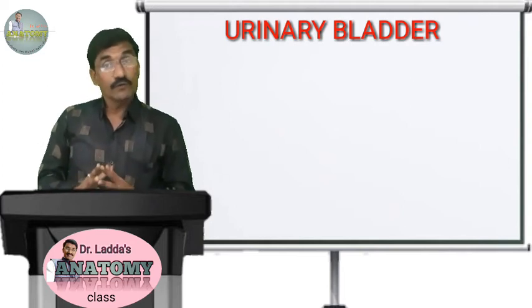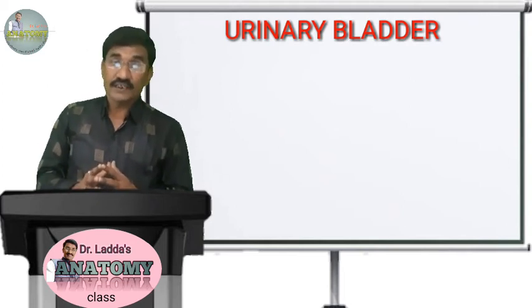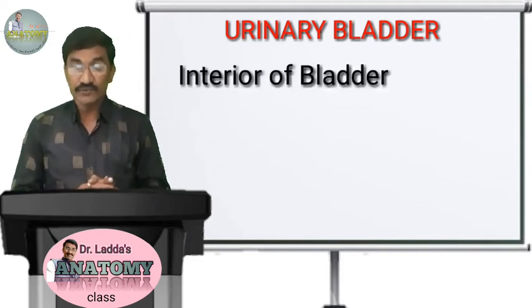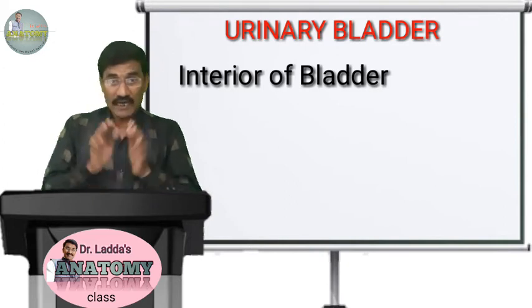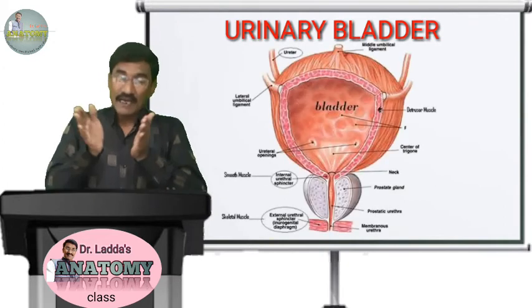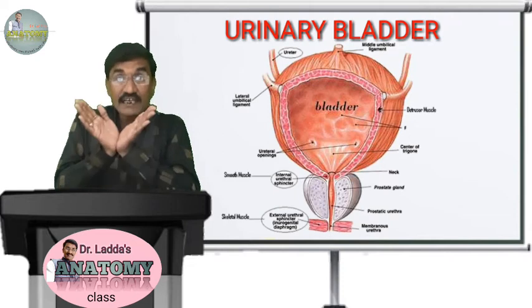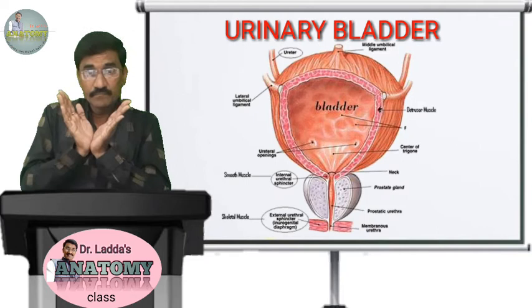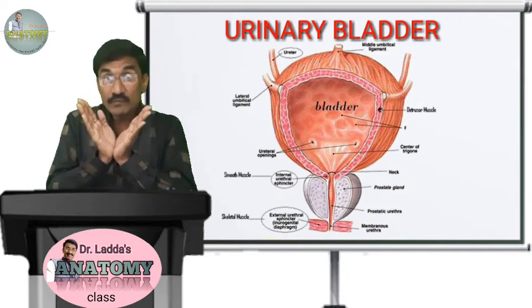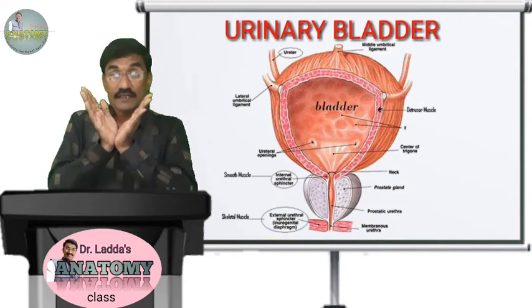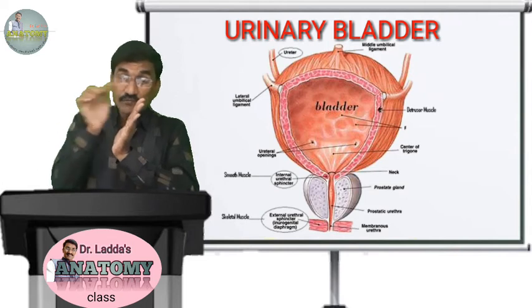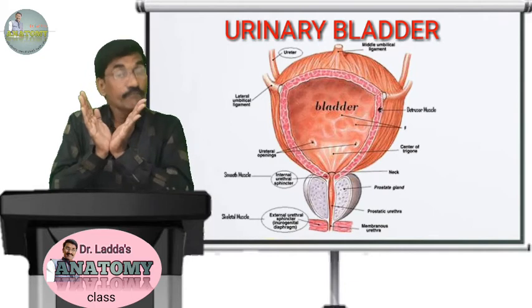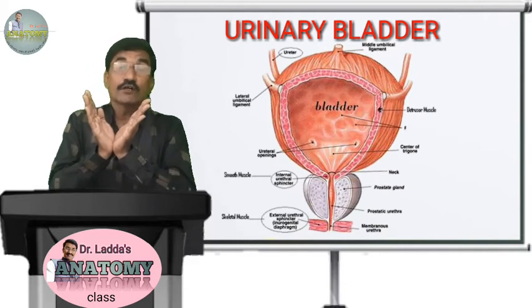Now your next heading is interior of the bladder, and we know the bladder has irregular folds. Among these folds there is a triangular area with smooth muscle fibers, between the openings of the 2 ureters and, at the lower end, the internal urethral orifice.